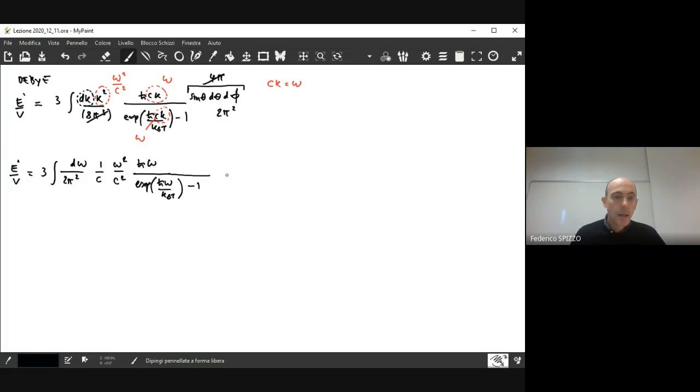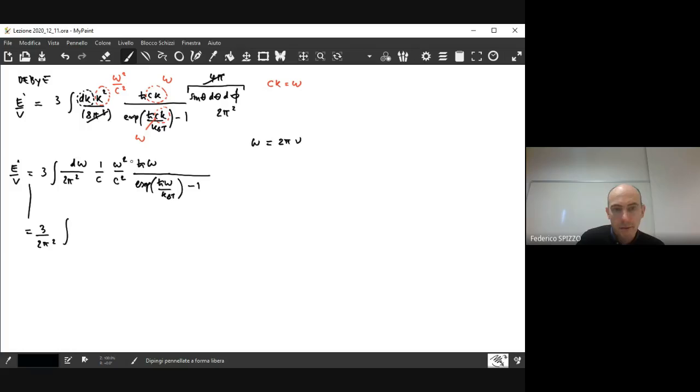And minus 1. At this point, I may also include another change of variables, in the sense that I may write omega as 2 pi times the frequency. So in this case, if I also make that change of variables, I have 3 times divided 2 pi to the power of 2.